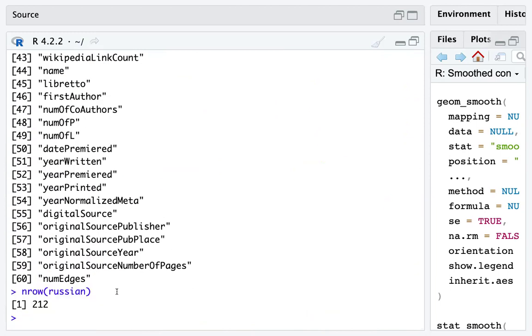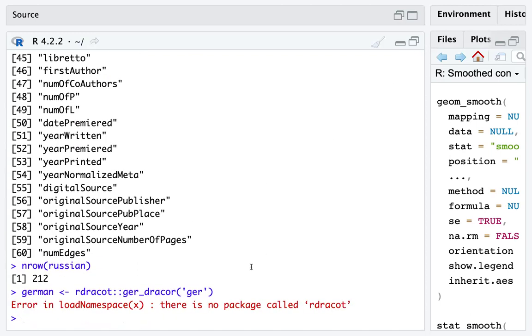And instead, the German one, let's try to see it.